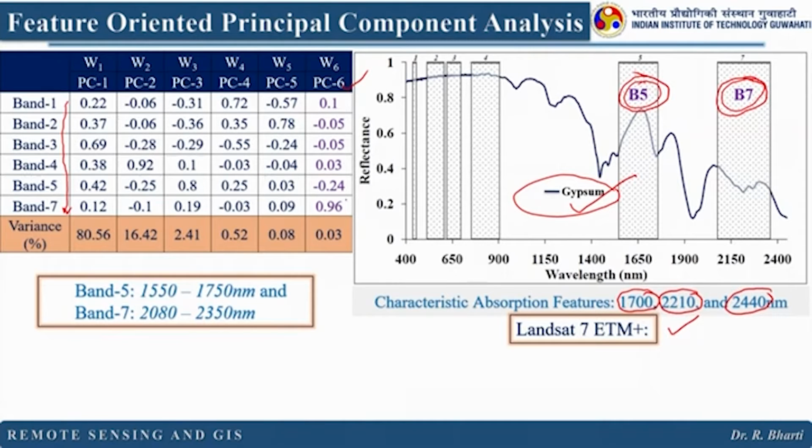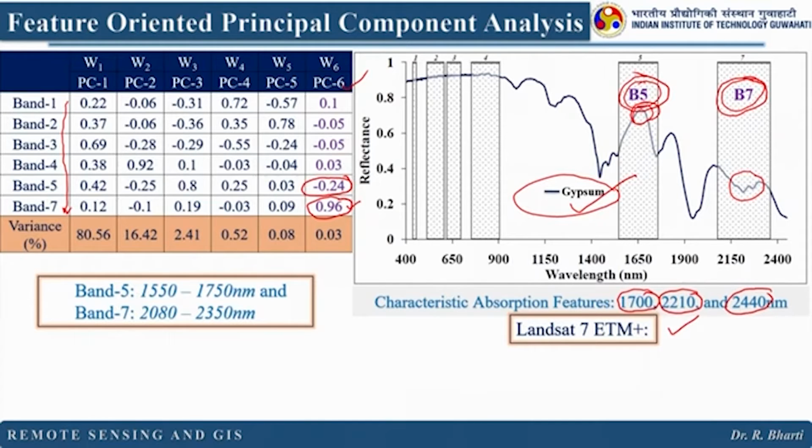It is easily visible here, right, and band 5 is here. Band 7 has the absorption feature of my target, and band 5 has the peak of my target. So in case you have high weightage for this absorption feature, that means 0.96, and low weightage for band 5, that means for this particular peak, minus 0.24.